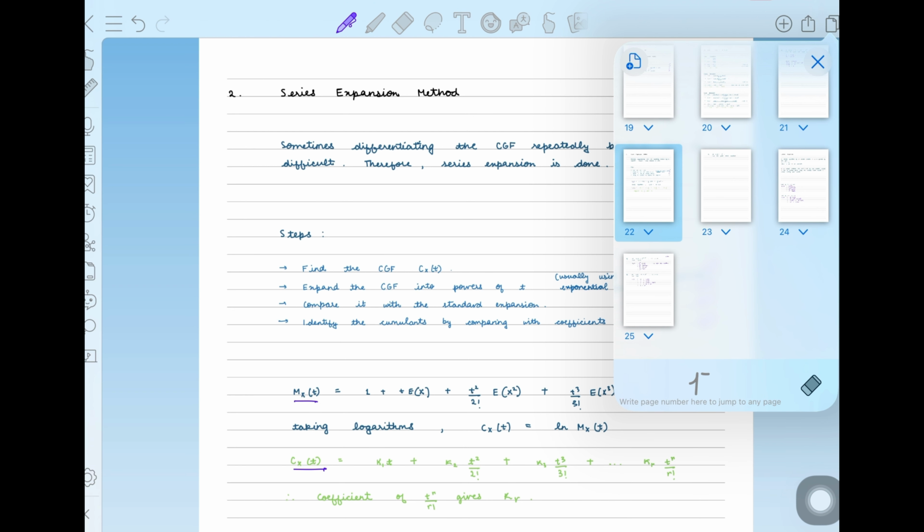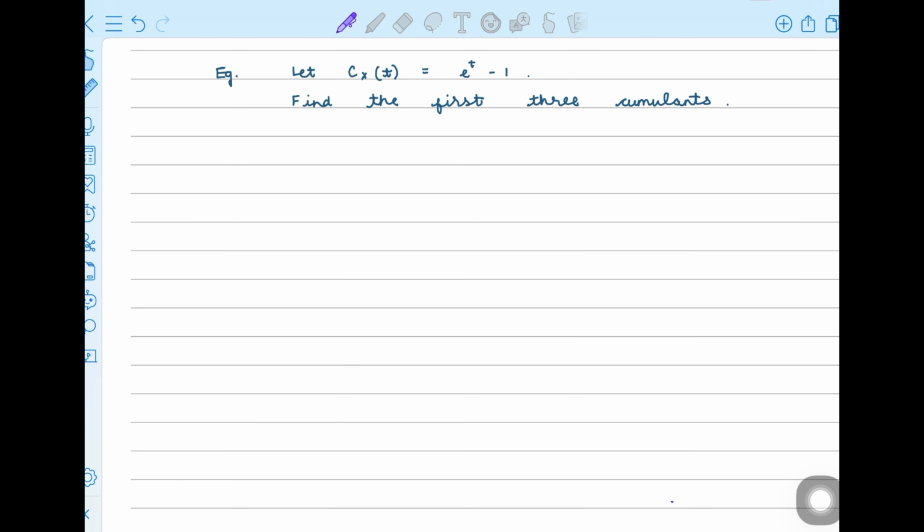Let's understand this with the help of an example. We start by using the exponential series.